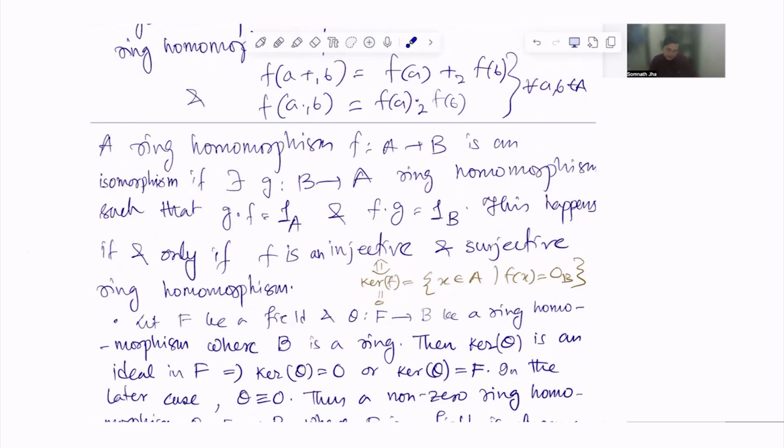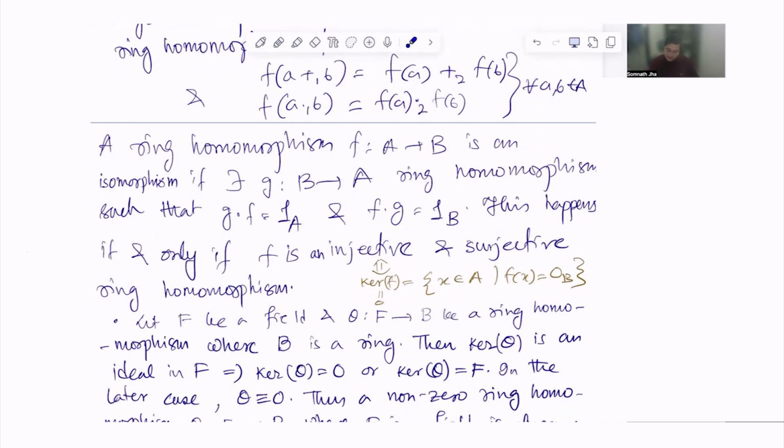So what happens in the special case of a field? Okay, so this is the definition of ring homomorphism. Then we said that a ring homomorphism is injective if and only if the kernel is 0, where kernel f is the set of elements which go to 0.